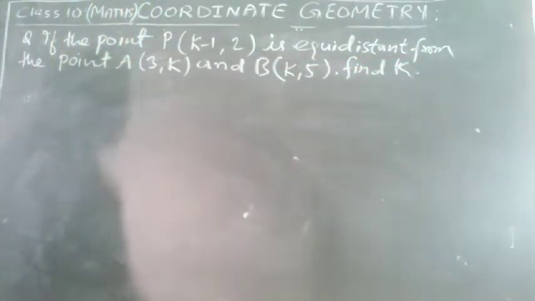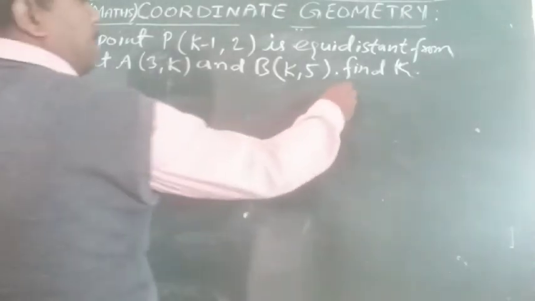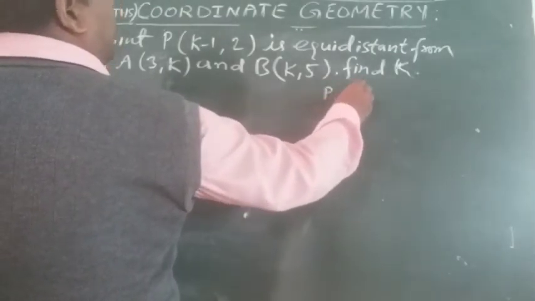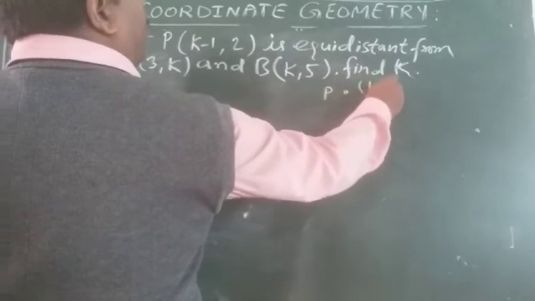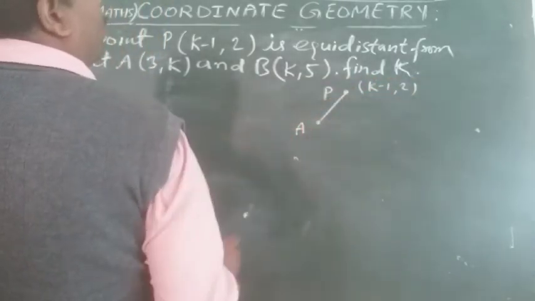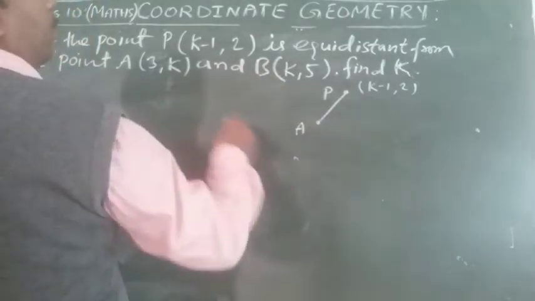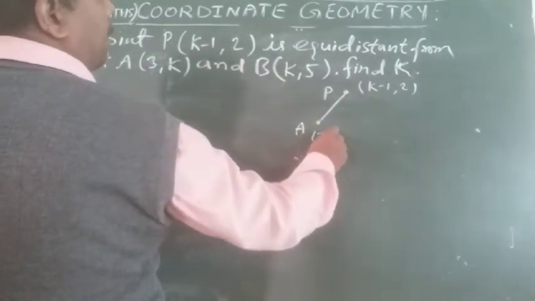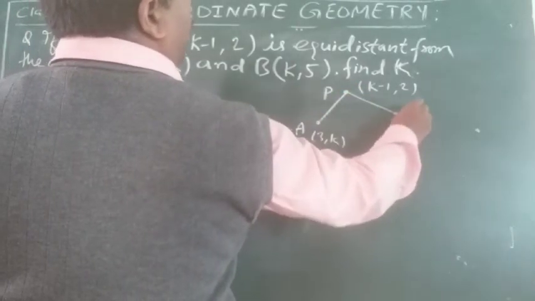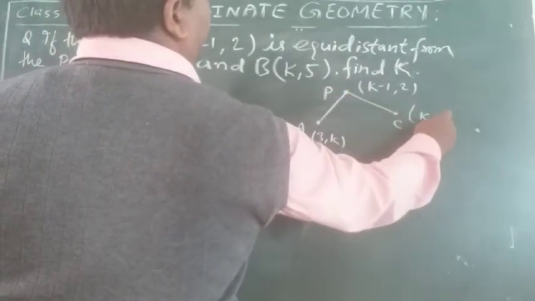How to do the calculation for it? So look at this. One point is P. The coordinate is given (k minus 1, 2). Another point is A. Coordinate is given (3, k). And the second point is B, coordinate is (k, 5).